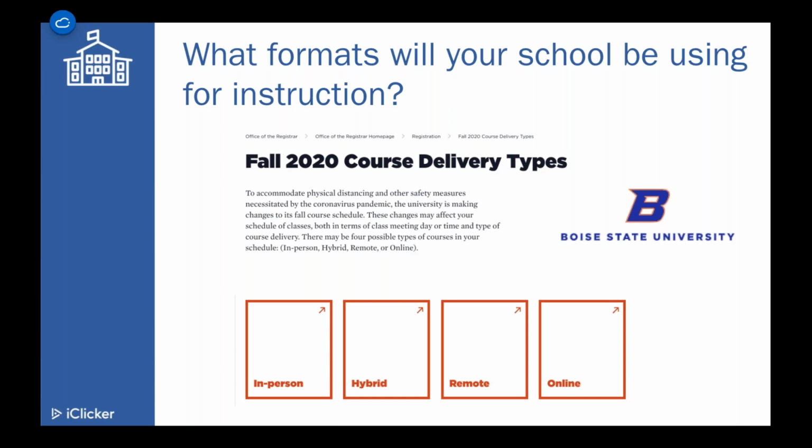For remote, we meet virtually using Zoom. So that is asynchronous teaching. And for online, we don't have a standard course meeting. These are our regular online classes, right?